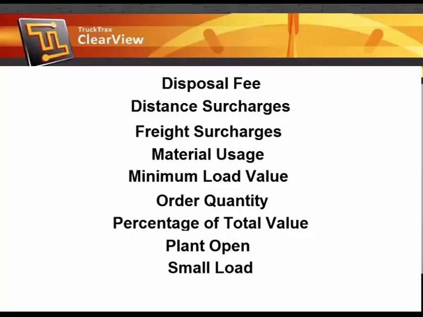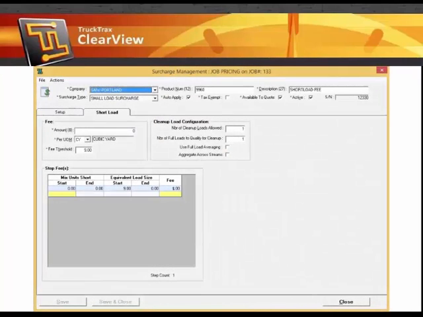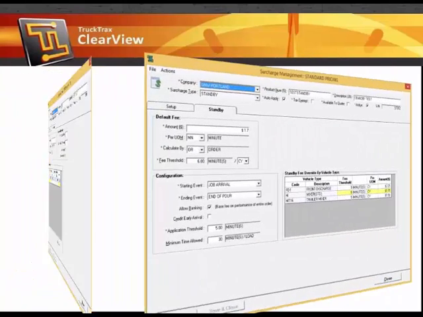Small load is a surcharge for ordering less than a full load, and standby charges are designed to capture excess truck time on a job. The reason ClearView uses different surcharge types is that the criteria for defining applicability varies. For example, short load surcharges analyze not only what constitutes a short load, but how much to charge, whether or not to allow cleanup loads, and how to determine if the surcharge applies when there is more than one mix on an order.